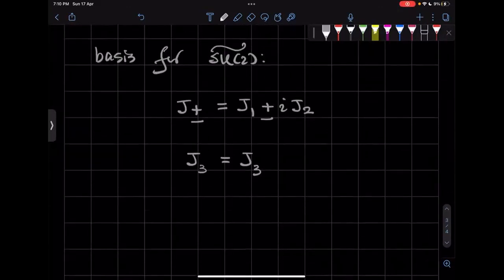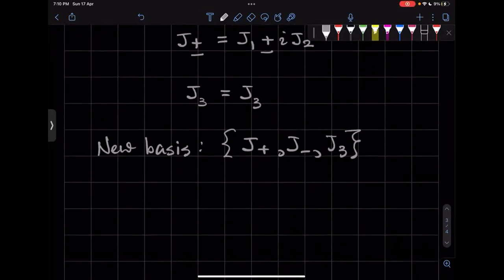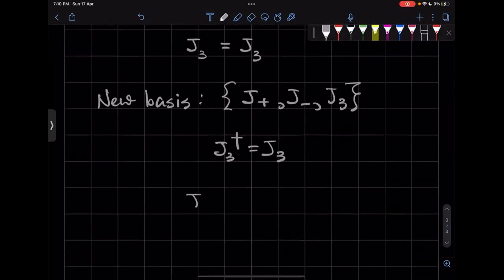So now our new basis consists of J plus, J minus, and J3. And J3 is still Hermitian. But J plus, if I take the Hermitian conjugate, let's see what happens. We have J1 plus i J2.